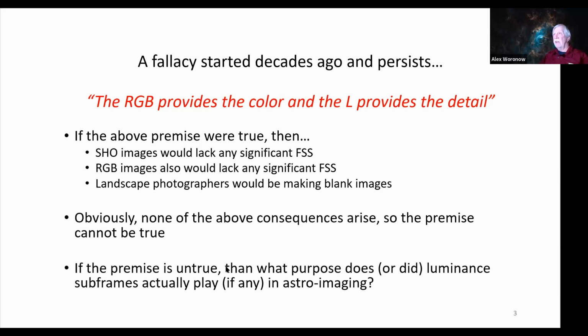So obviously that statement is not true. And if it's untrue, then we have to ask the question, why do we start down that road of taking luminance subframes? And actually, what part does it play in our astro images, if any?